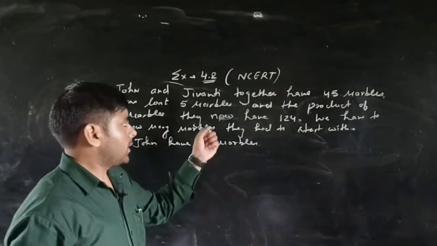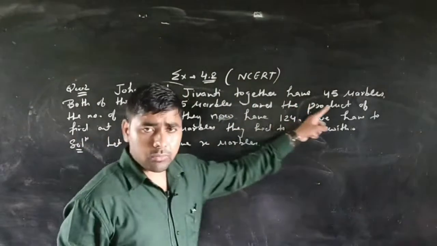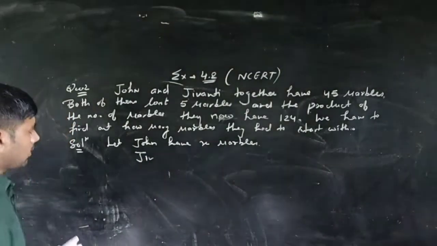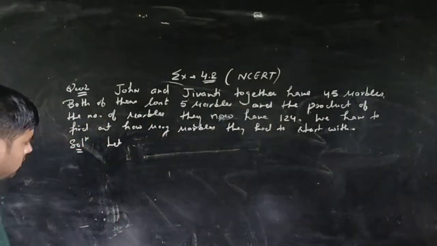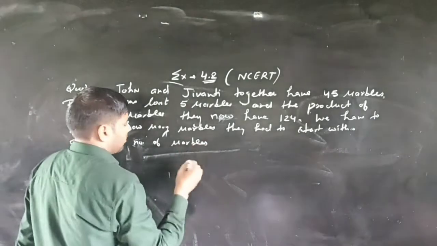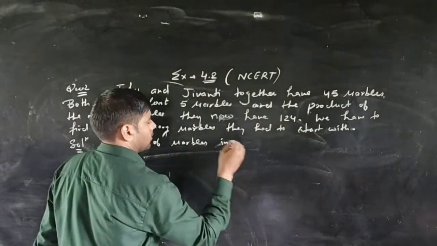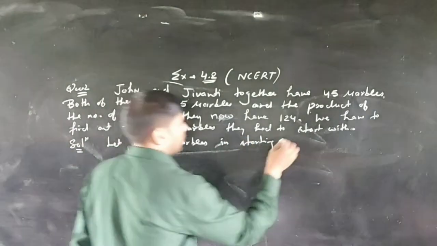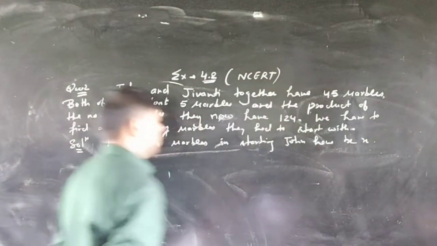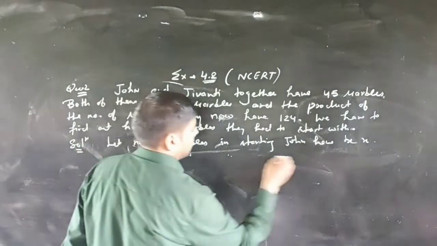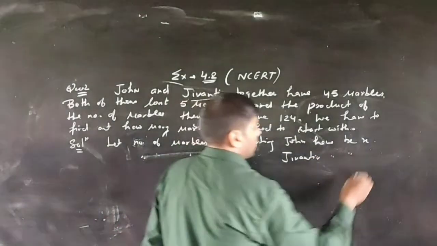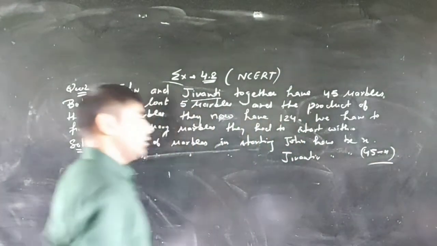If John has x marbles, then since John and Jivanti together have 45 marbles, Jivanti has 45 minus x marbles. So the number of marbles in the starting, John has x, and Jivanti has 45 minus x marbles here.